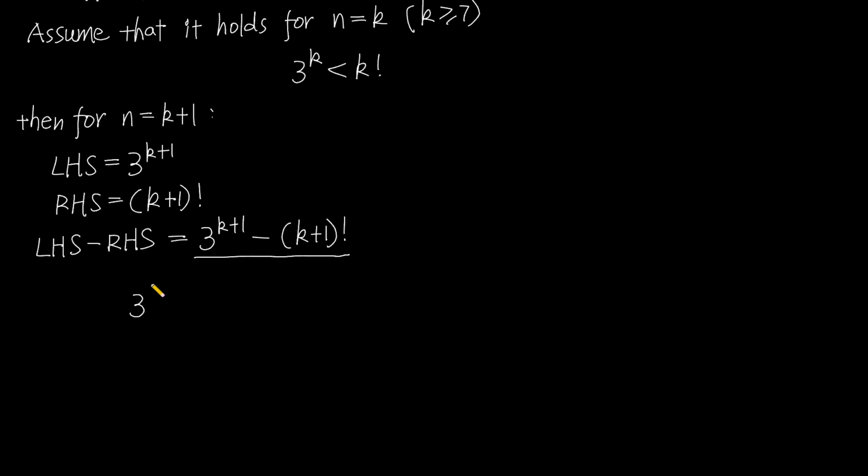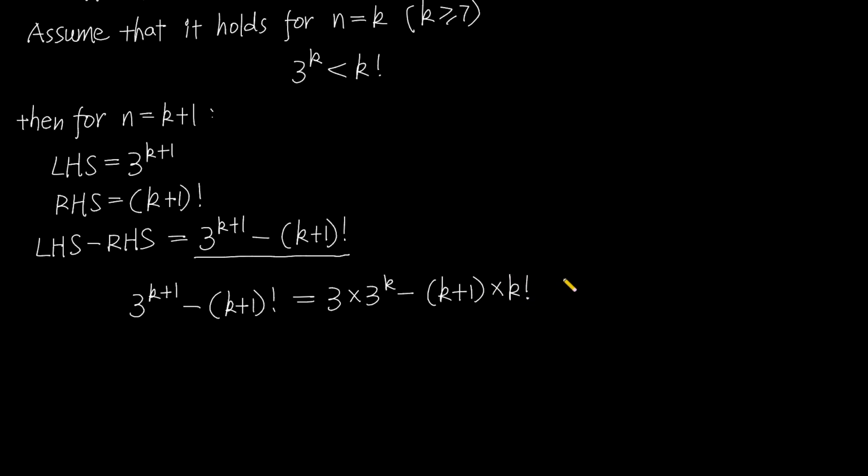The 3 to the power of k plus 1 minus k plus 1 factorial equals 3 multiplied by 3 to the power of k minus k plus 1 multiplied by k factorial.